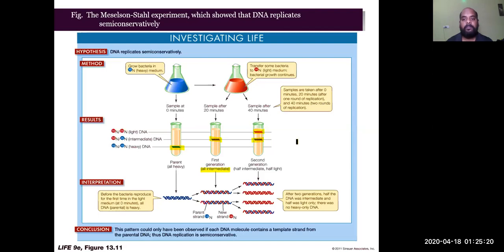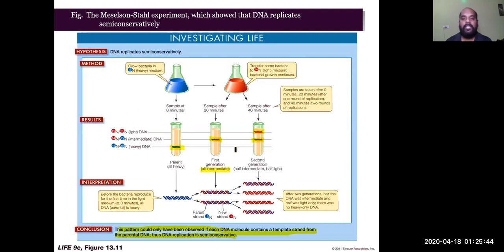So the only mode of replication which prevailed through the entire calculation and observation was the semi-conservative mode of replication. The scientists proved that the data tells us the only mode which fits this interpretation is semi-conservative replication.